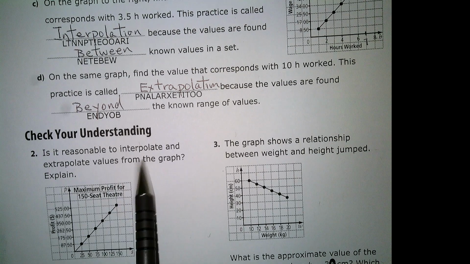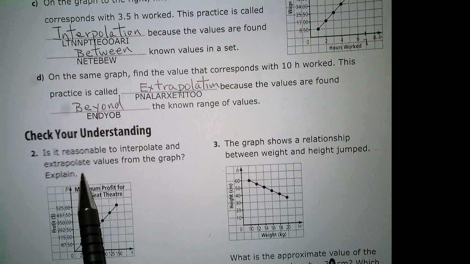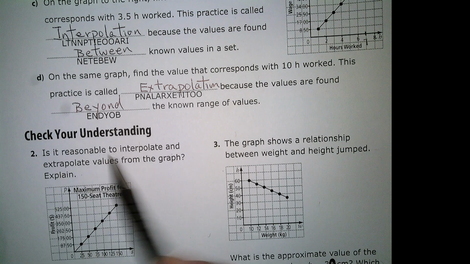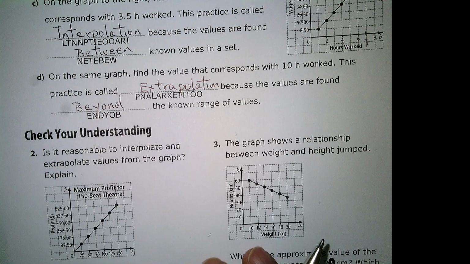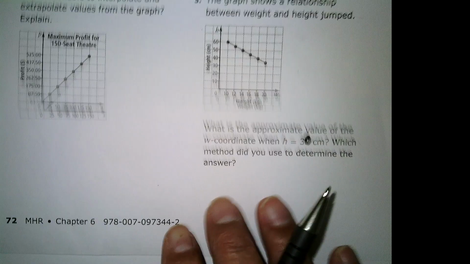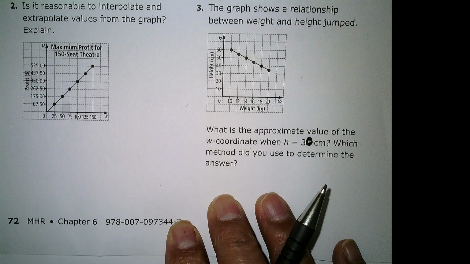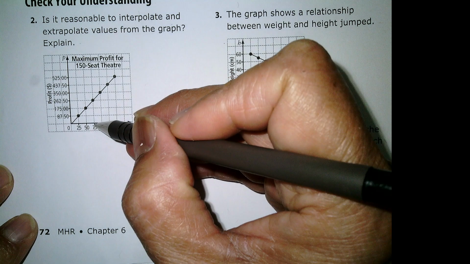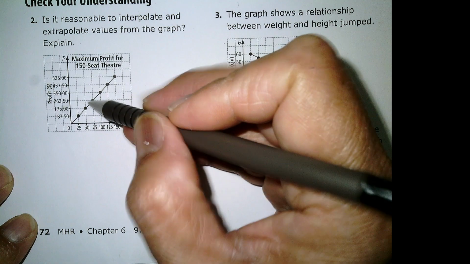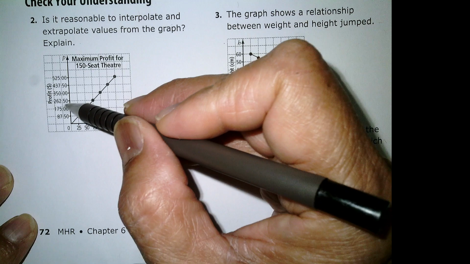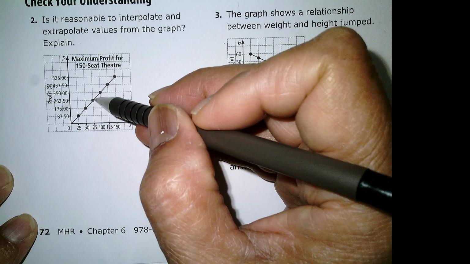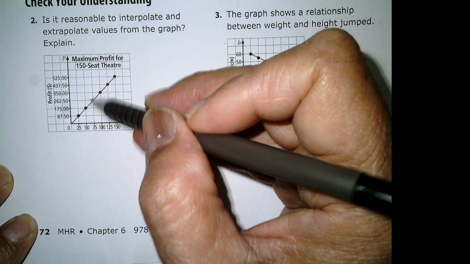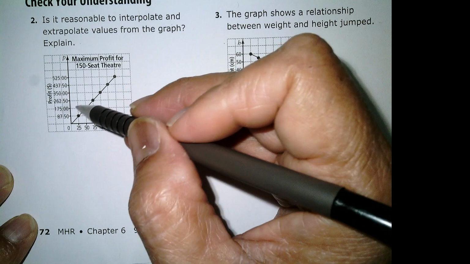Is it reasonable to interpolate and extrapolate? Interpolate means inside the graph. So of course it's reasonable to find out the profit, for example $262.50 for 75 seats, the amount of money made.